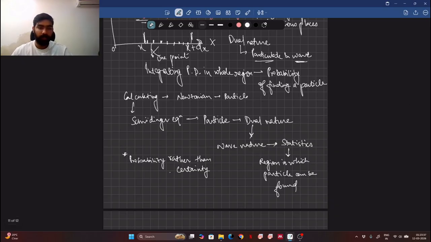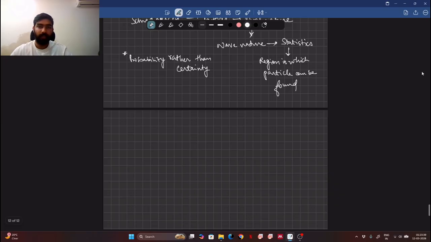Suppose that we have a total of n systems and we make n measurements on these systems. So dn_x represents the number of measurements.